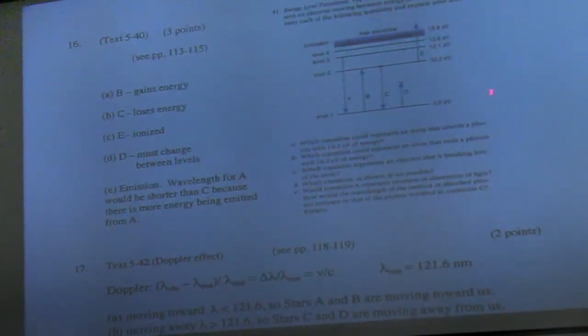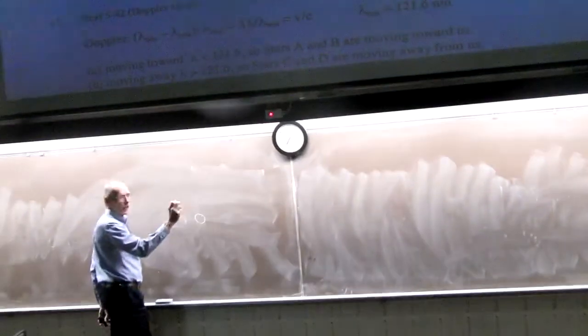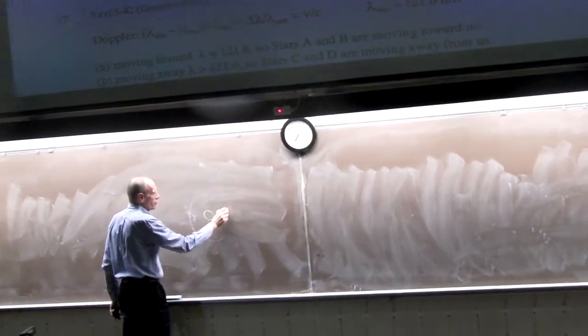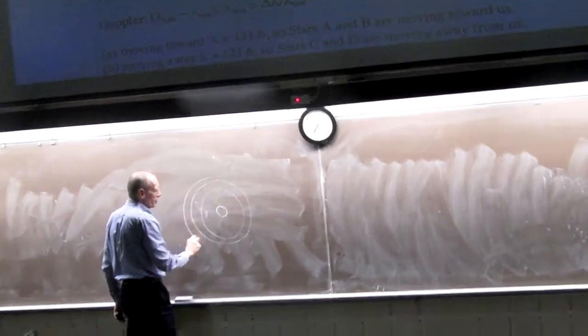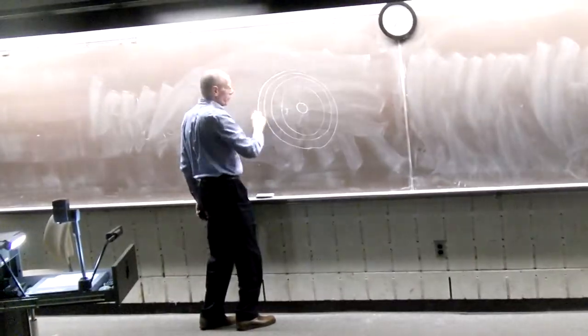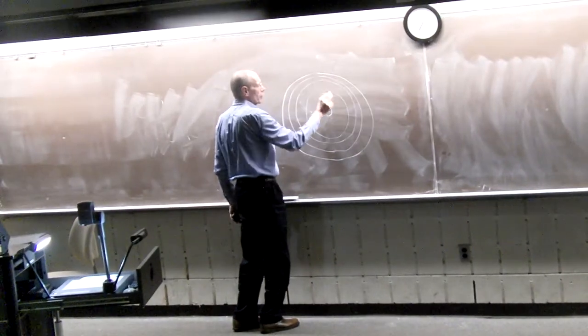So for atoms, like hydrogen, the electron is sometimes represented by saying, well, here's the nucleus, way out of scale. Here's the average radius for the first orbit, and the second orbit, and the third orbit, and the fourth orbit, and so forth.